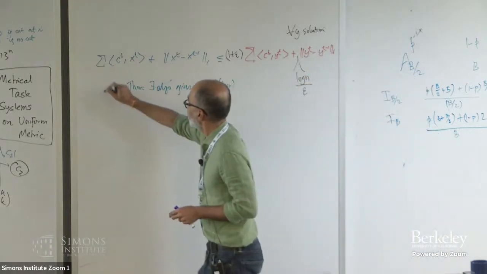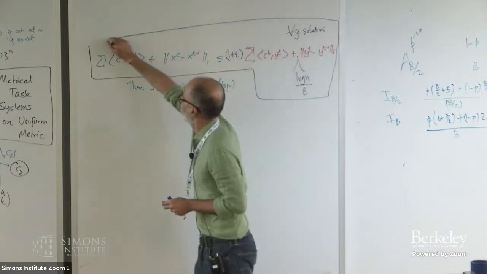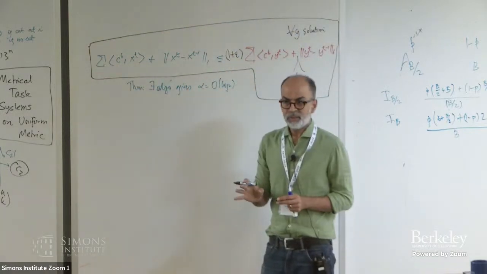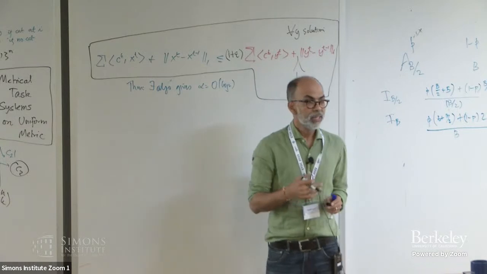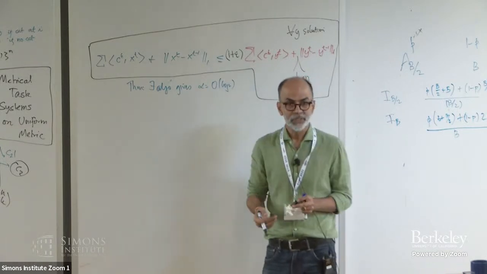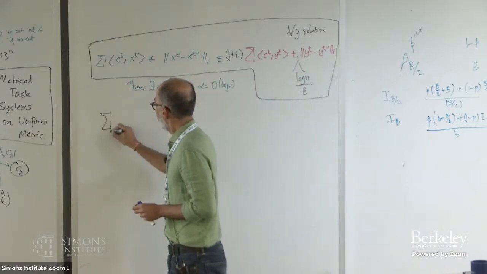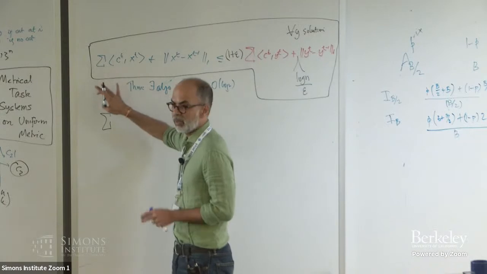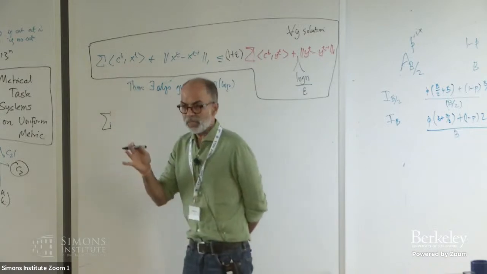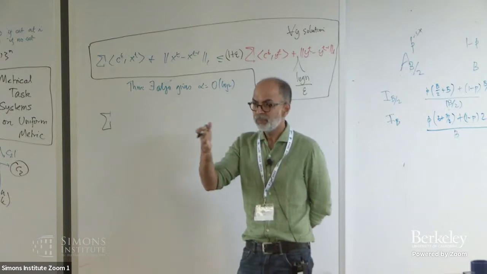Suppose I have an algorithm that achieves this kind of behavior. Then I can get a regret minimization algorithm in the full information setting in experts. Let's do that. Let me do the same setting as before. I have a sequence of costs, bounded between 0 and 1.